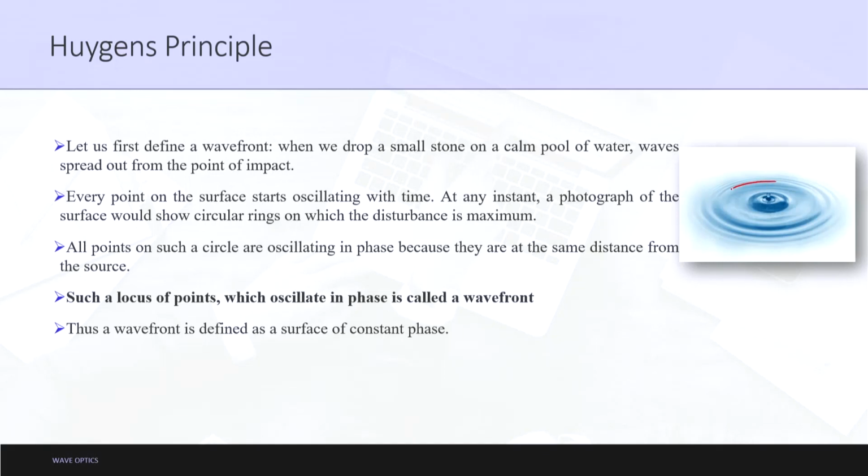Let us suppose this is the first circle and this is the second circle. So, this can be the wave front at t equal to t1 and this can be the wave front at t equal to t2. To reiterate, such a locus of points which oscillates in phase is called a wave front.